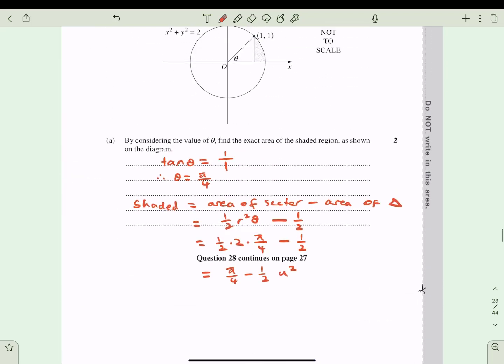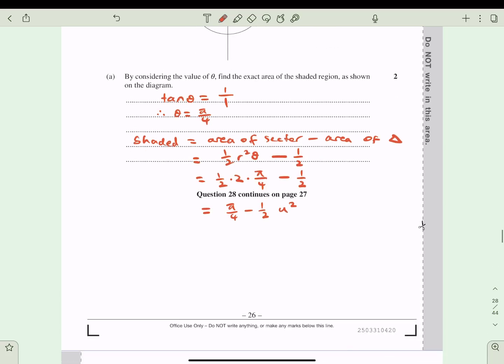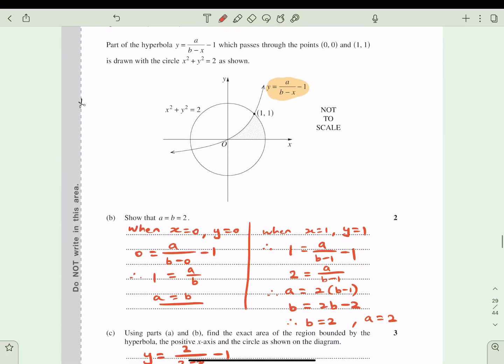In part A, we already found the shaded area, which, if we look at our diagram, is this part here in red. We already know this area is pi on 4 minus half. So now our job is to find the rest of the shaded area, this blue area here.